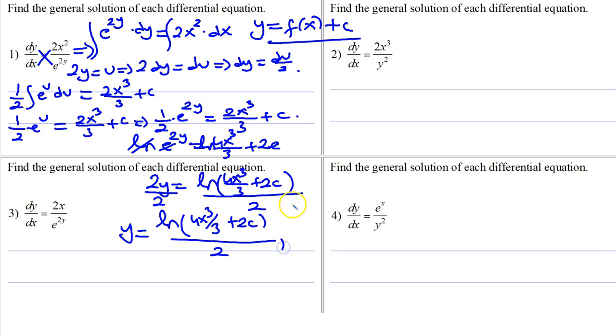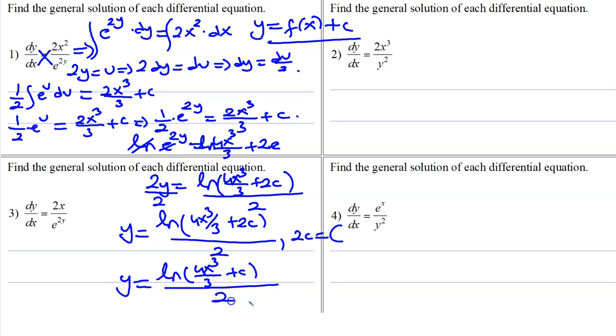Since 2c is a constant number, it doesn't matter in this case. So if I say that 2c is equal to this capital letter C, which is another constant, my final solution is y equals natural log of 4x cubed over 3 plus C, divided by 2. So that is the solution to the first differential equation.